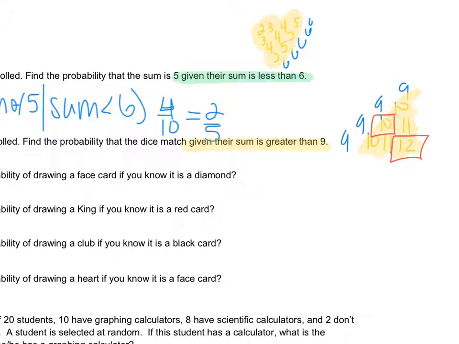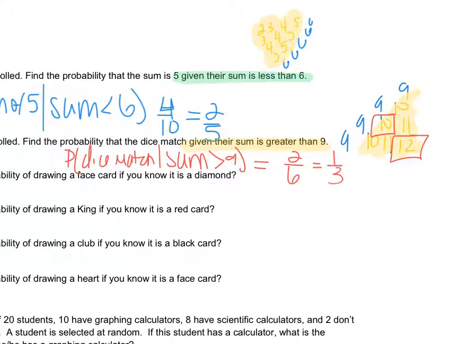Okay, so we didn't write our probability statement: the probability that the dice match given the sum is greater than 9. Sums greater than 9 have a total of 6 options, and out of those 6, 2 of them are examples where the dice match.